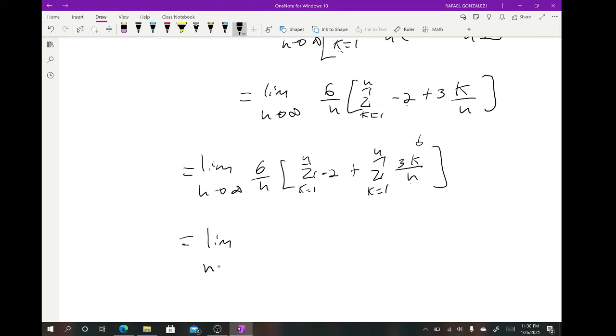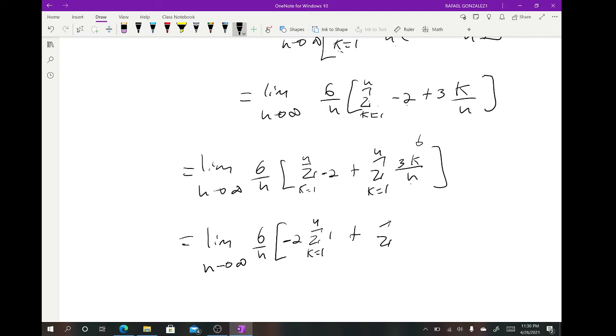Anyway, this is equal to the limit as n goes to infinity of 6 over n times what? Well, we pull out that -2, and we have the sum k equals 1 to n of blank. I could have left the 2 there, and I could pull it out as well. Technically, I have a 1 there.